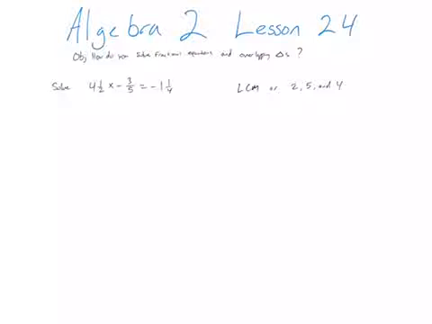So if you wanted to start listing multiples of 2, it would be 2, 4, 6, 8, 10, 12, 14, 16, 18, 20. Multiples of 5 would be 5, 10, 15, 20. 4 would be 4, 8, 12, 16, 20.